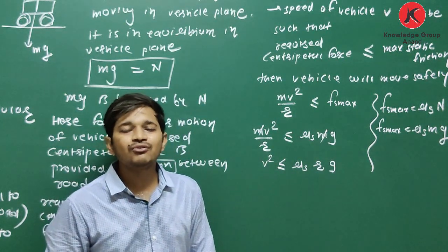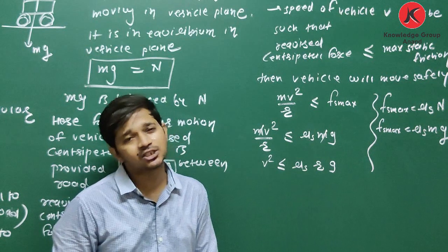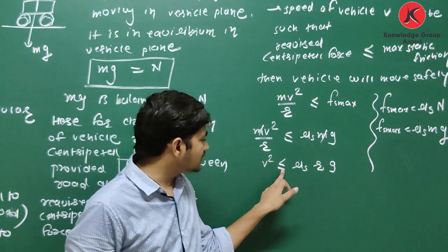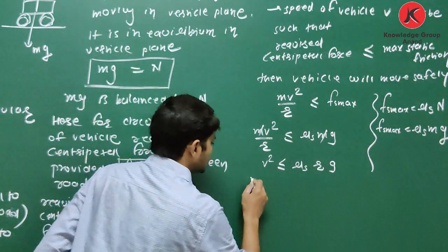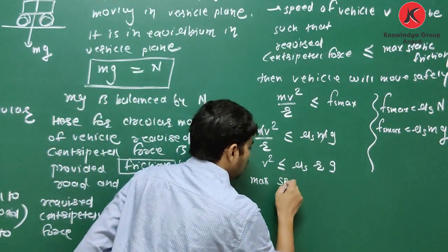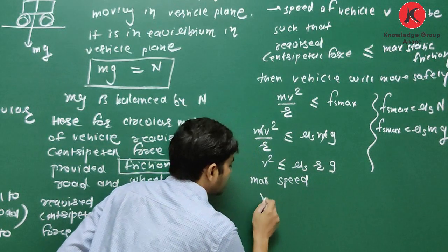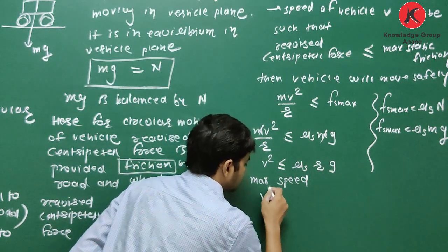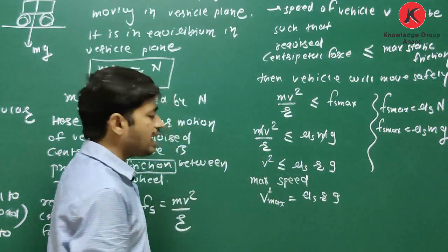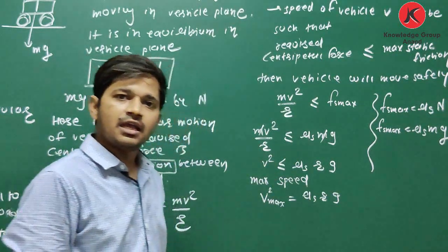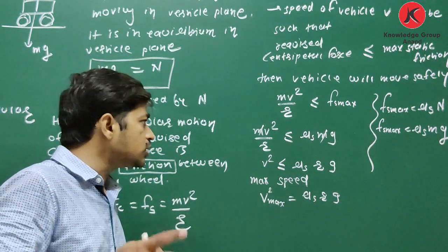Now we will find the maximum speed on a circular path. v square is less than or equal to mu s rg. So what is the maximum value? For maximum speed I can write v square maximum is equal to mu s rg. Less than or equal to means it is less than for that particular value, also equal to.